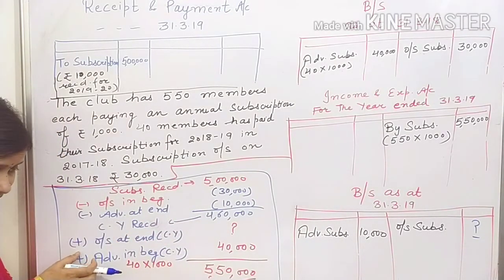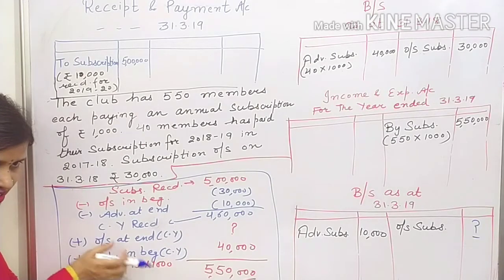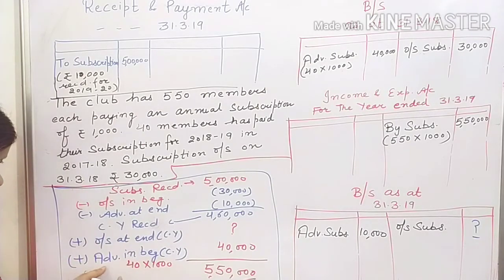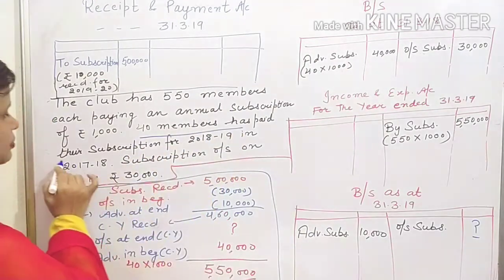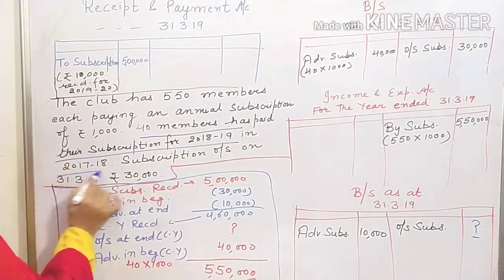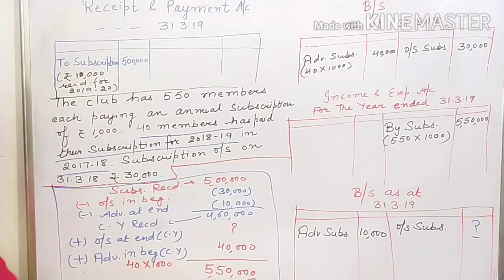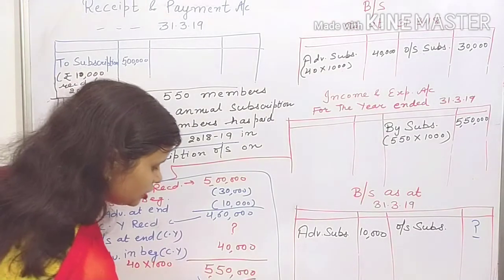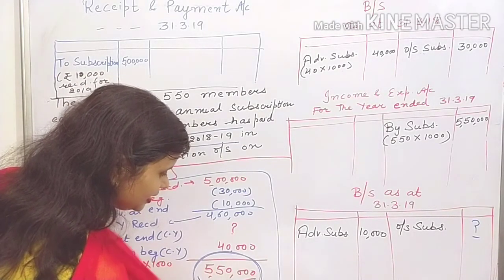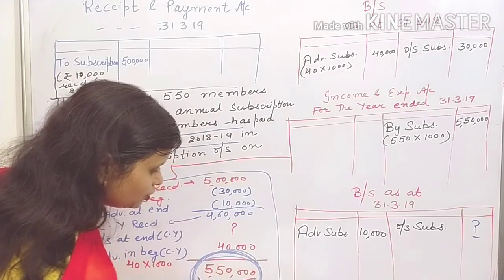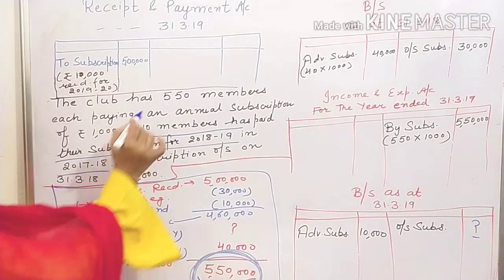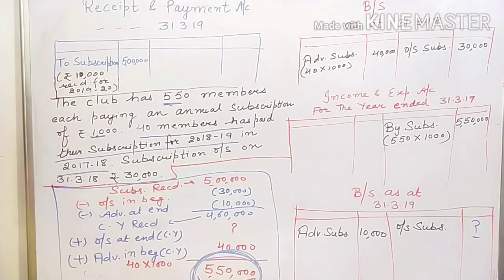In this we will add current year outstanding, that means outstanding at the end, and advance in the beginning. Advance in the beginning, that is also being given. 40 members has paid their subscription for the current year in the previous year. And the result of this should be current year subscription income, which we know what should be the result: 550 multiplied by 1000.